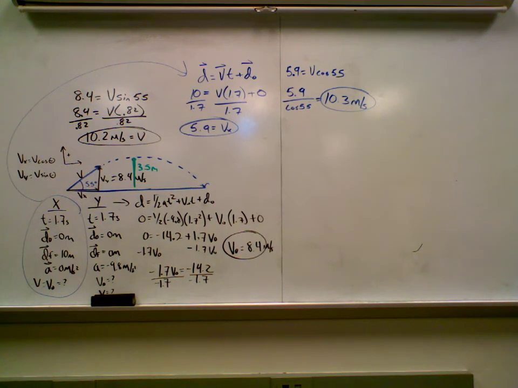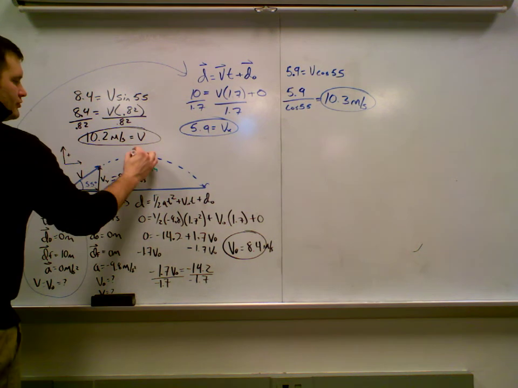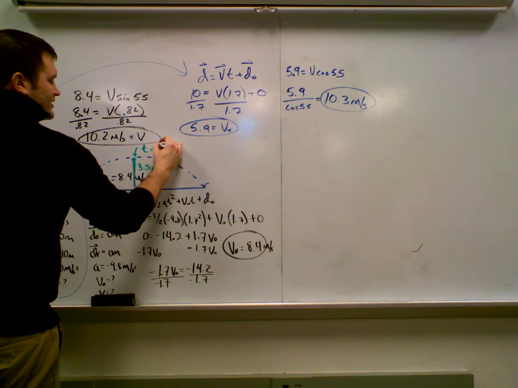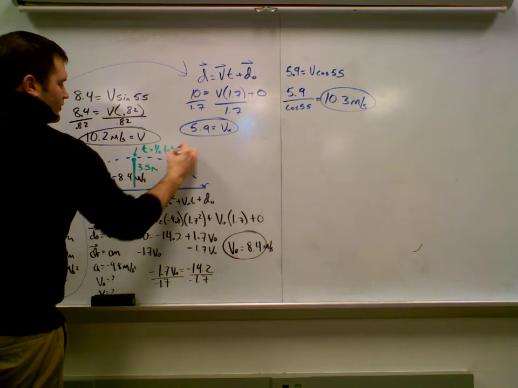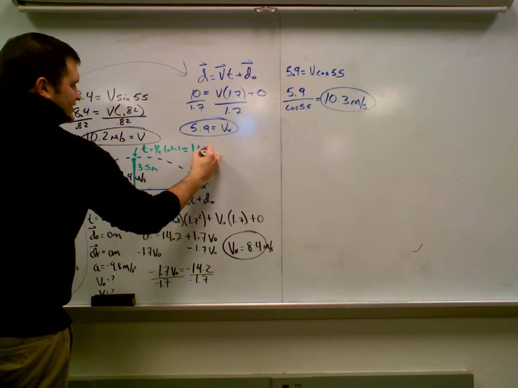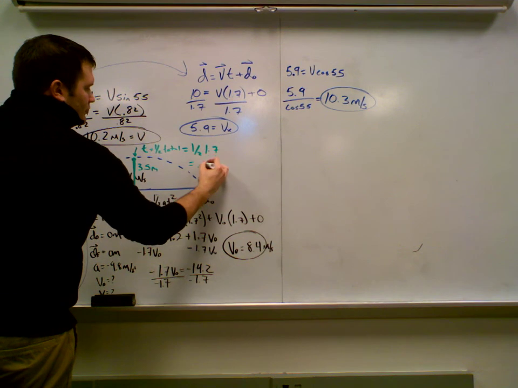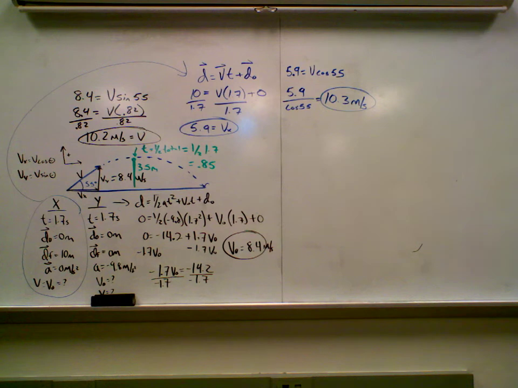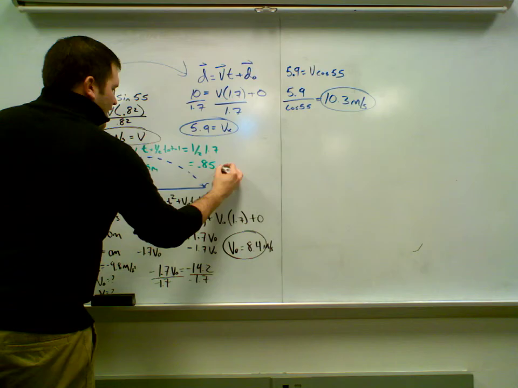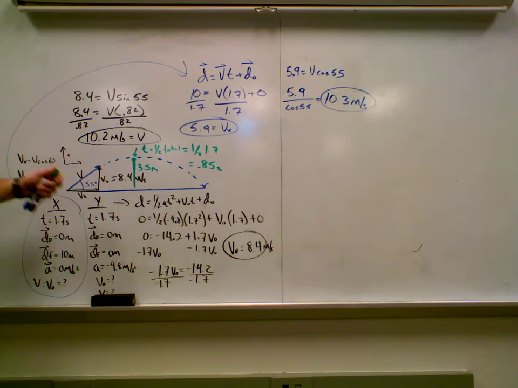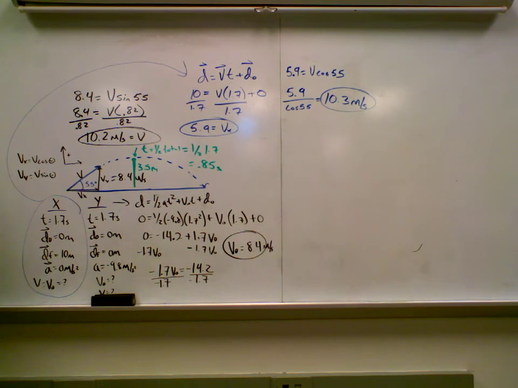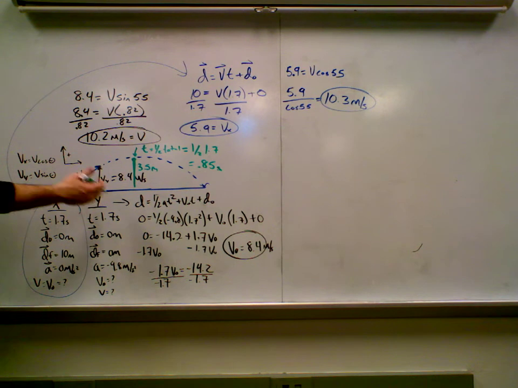Okay, 3.5 meters. What do we know about the time at this point? 1.7. Half. So the time at the highest point is half the total, right? Yeah. So it equals half of 1.7, which is 0.85. So if I want to figure out if the rock will make it over the house, which direction should I look in, the X or the Y?